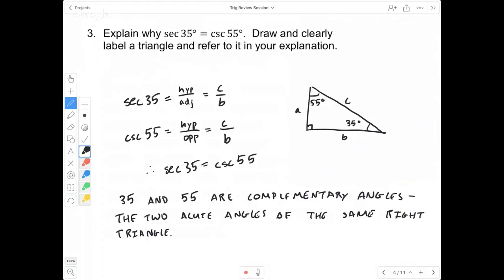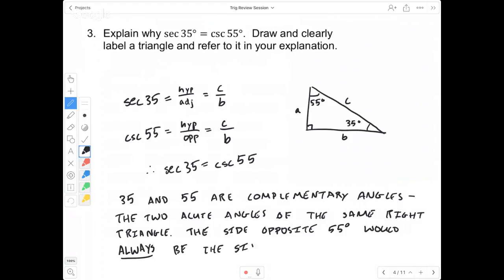So anyway, I was saying 35 and 55 are complementary angles, the two acute angles of the same right triangle. So I'm going to continue by saying that the side opposite 55 degrees would always be the side adjacent to 35 degrees.